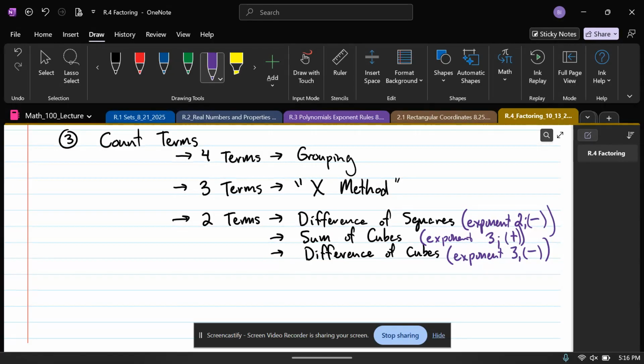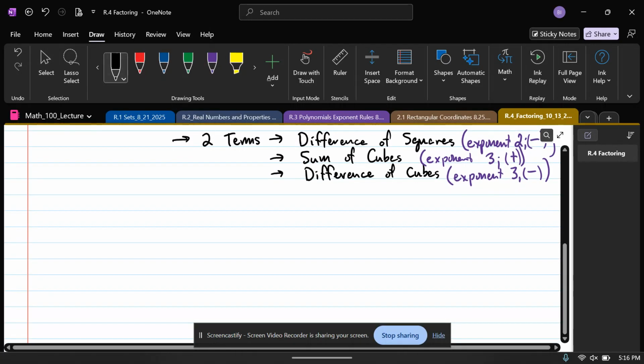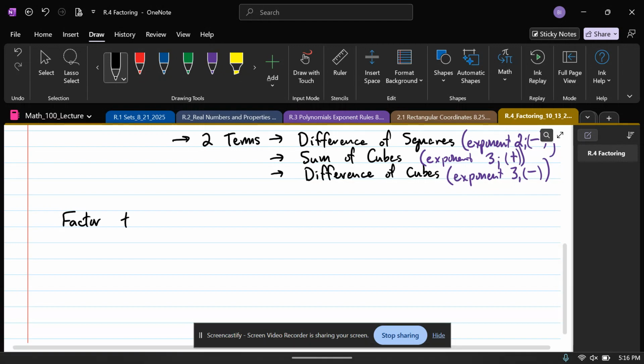If you struggle in college algebra, it's because you struggle with factoring. So I'm going to do a bunch of examples of this and kind of help you learn it. If you didn't learn it in high school, you can learn it tonight and be very good at it before you leave here tonight. Okay, so the instructions are: factor the polynomial.